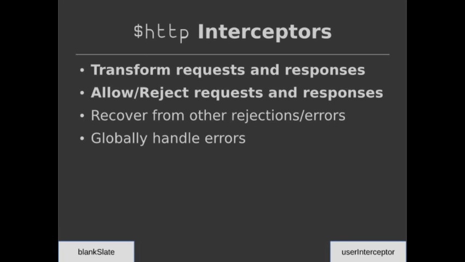Interceptors do in fact allow you to also handle situations where you might want to recover from an error, whether it's the API itself has returned an error or one of your other interceptors has blocked you, rejected that request. It also allows you to simply provide better logging, whether that's something where you want to send your errors out to something like Airbrake to keep track of everything, or just provide a better and more uniform error messaging to your actual visitors.